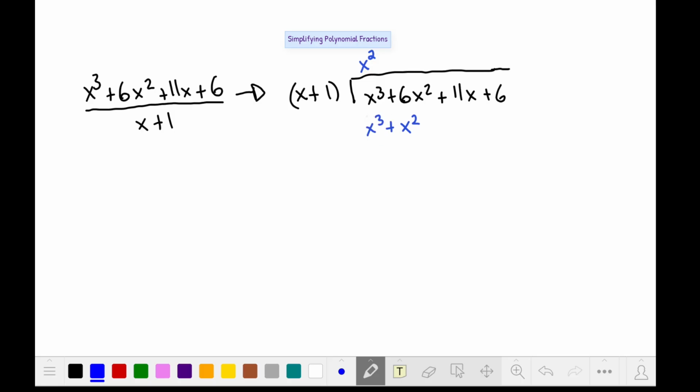And what we're going to do is take this little term that we got by multiplying the thing on the left by the term on the top, and we're going to subtract it. Now, in this case, we are going to have a lot of negatives and positives floating around, and it's really easy to make a mistake when you've got a lot of negative signs floating around.